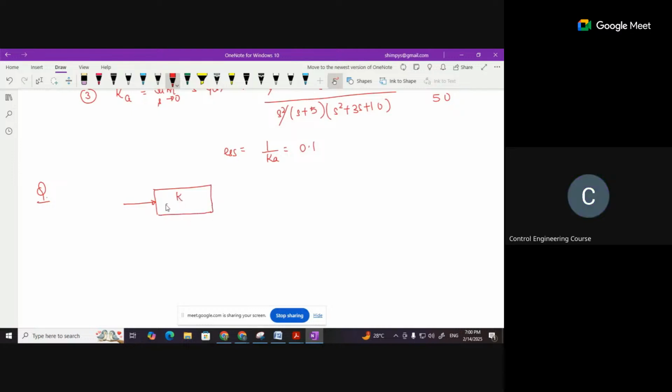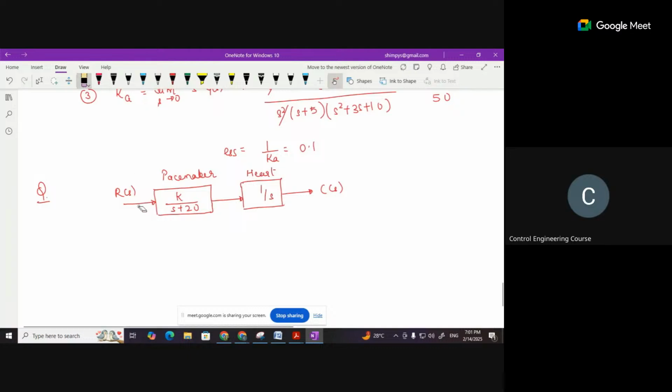This is K by S plus 20. This represents my pacemaker. And here I have this 1 by S. This transfer function or gain represents my heart. This is output CS. This is input RS.